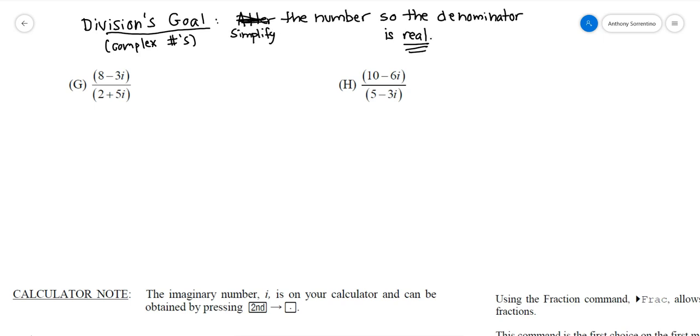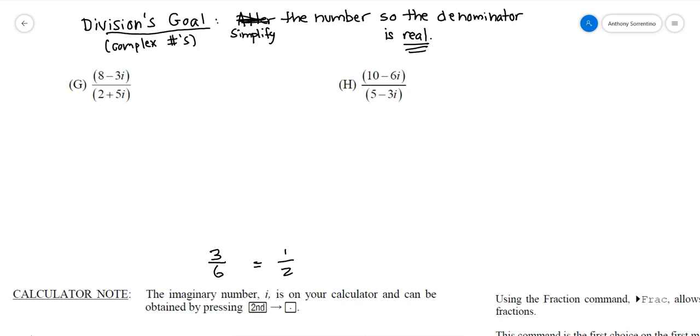I had alter there before, but it's actually simplify. Because I want to simplify the fraction, which means, like when I simplified fractions before, really easy cases when I had 3/6 and I would simplify and say that's 1/2. Those are the same value. But 1/2 has everything in lowest terms. That's why they would call it simplified.